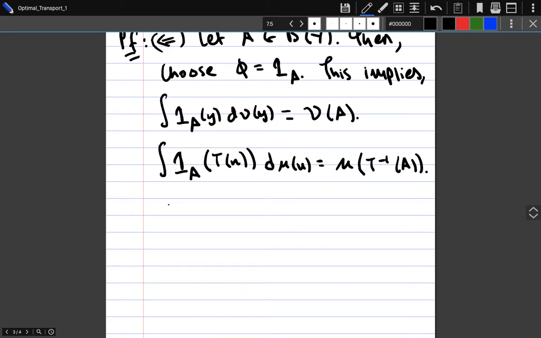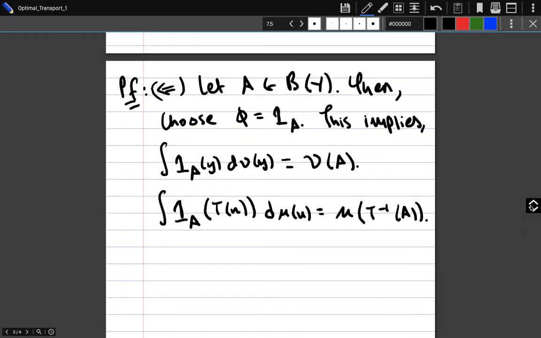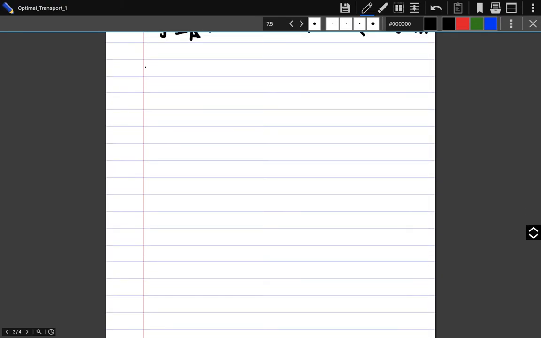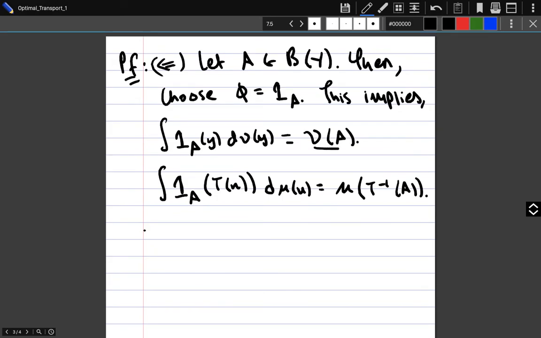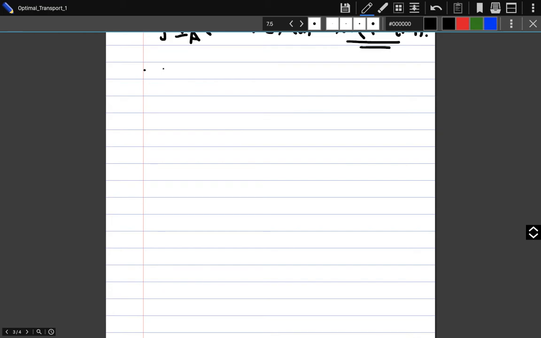So remember that the indicator function of a set will equal 1 if and only if that value lives in the set. So all the T(x) must live in the set A, and that only happens for all the x that belong to the inverse image T inverse of A. So that's pretty much from definition. So this implication is easy. Now, of course, the reason we can conclude is because this guy is equal to this guy, and this is precisely the definition of the push forward measure.